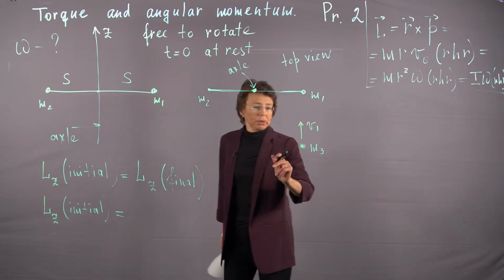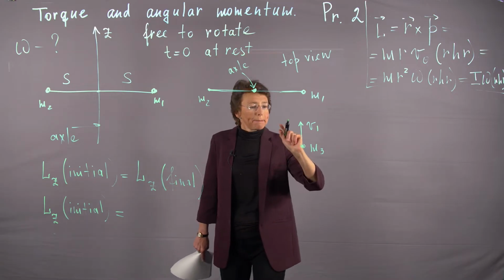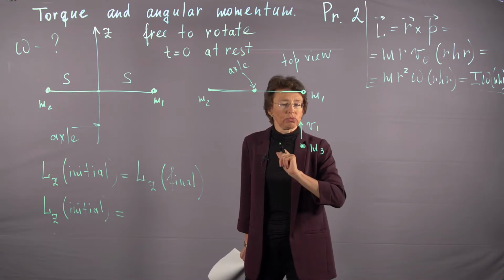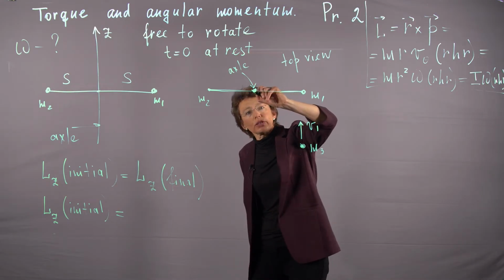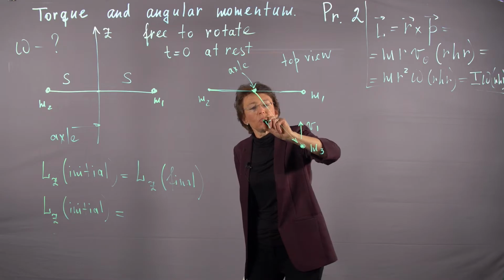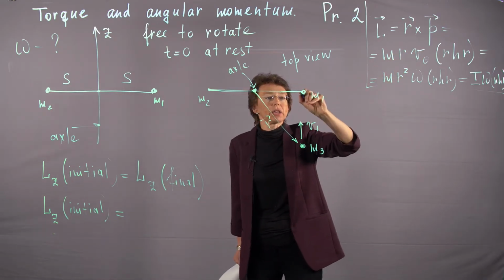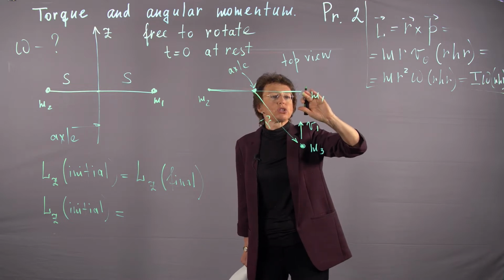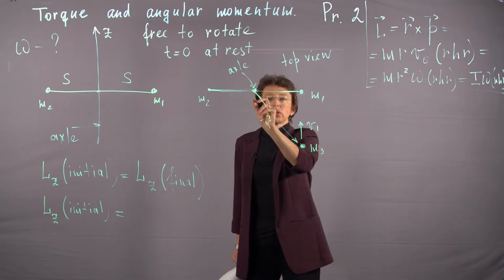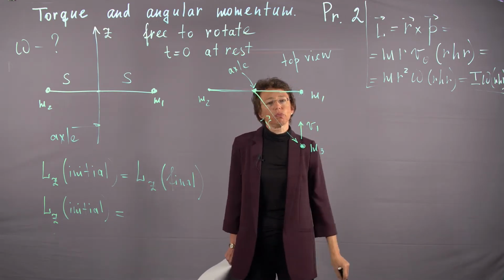What will be the angular momentum of this block M3? The linear momentum P is m3 v1. R is from the axle to this point. But remember, this is a cross product. We are interested in perpendicular components. So which component of R is perpendicular to velocity, to P?